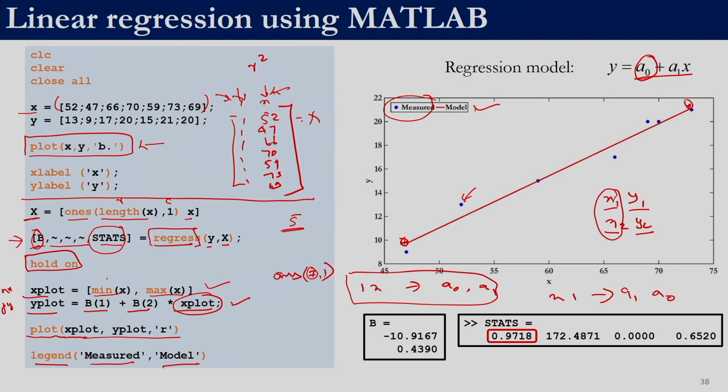So, that is how we plot, and if we type just b in the command window, right, we will get these two values, minus 10.9167 and 0.4390. Similarly, if we type stats in the command window, or any variable name that you had used over here, we will get these 4 values, right.